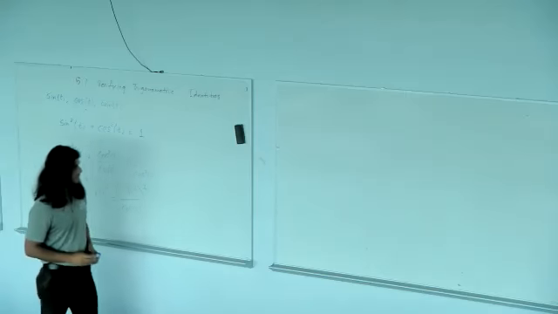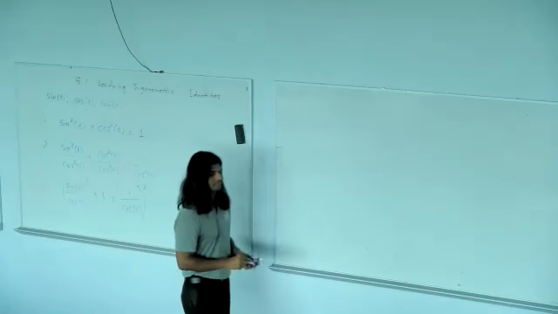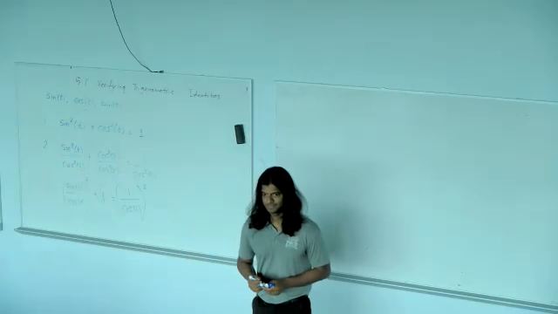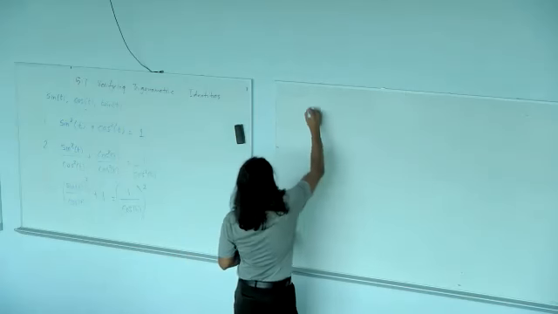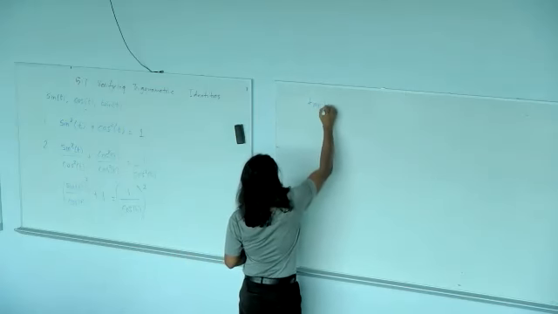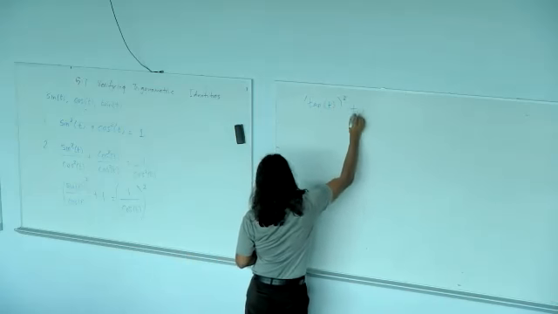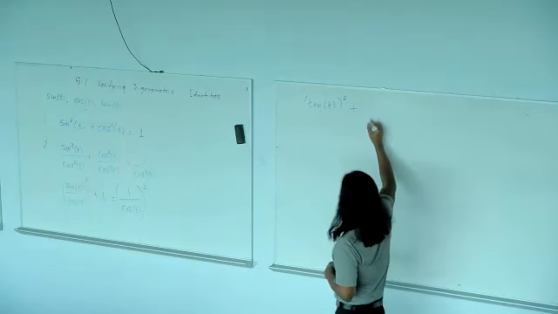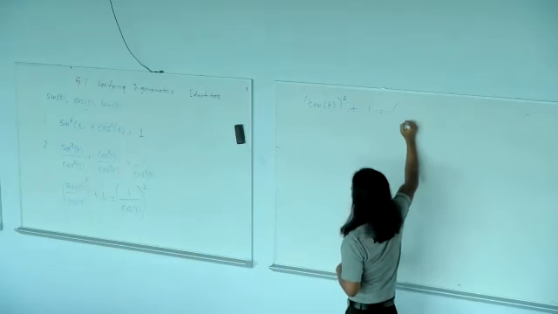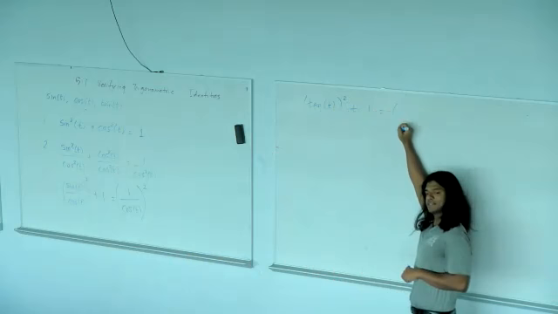Now, what is sine t divided by cosine t? Tangent. Plus 1. What is 1 over cosine t?